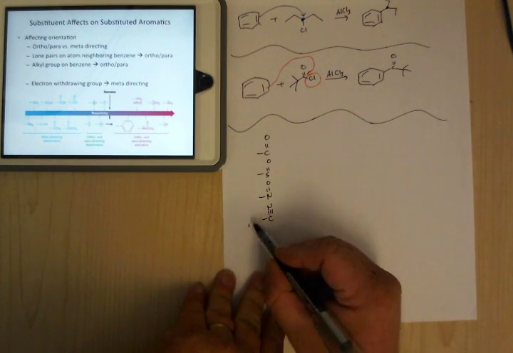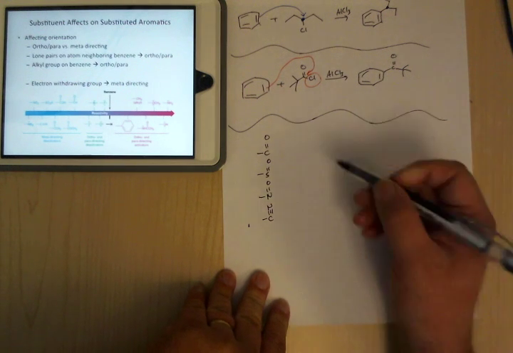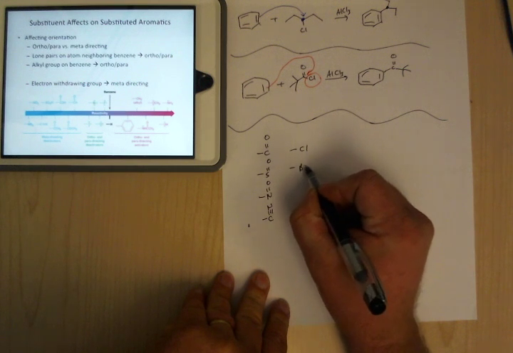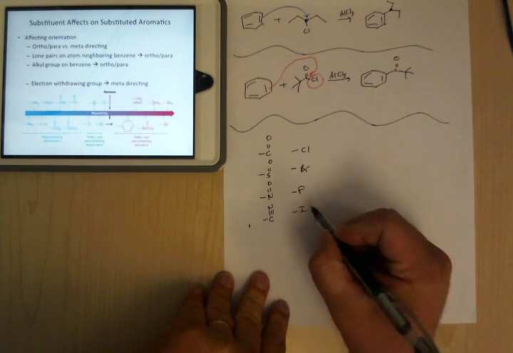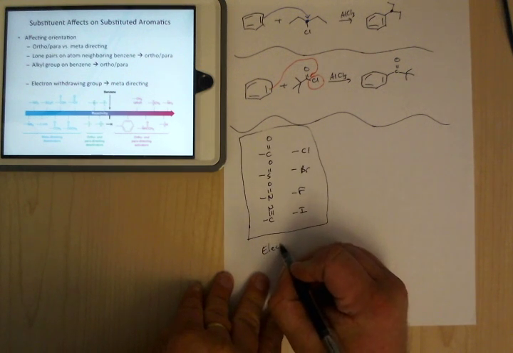These are all, and then if you have, let's say, chlorine, bromine, fluorine, iodine, these are all electron withdrawing.